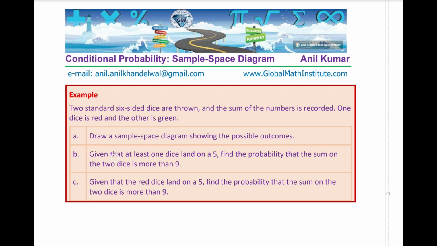B. Given that at least one dice lands on a 5, find the probability that the sum on the two dice is more than 9. C. Given that the red dice lands on a 5, find the probability that the sum on the two dice is more than 9.